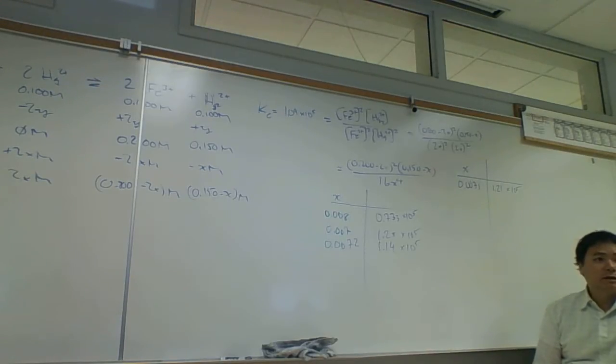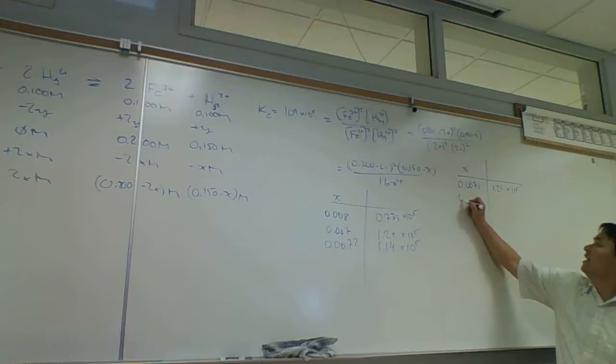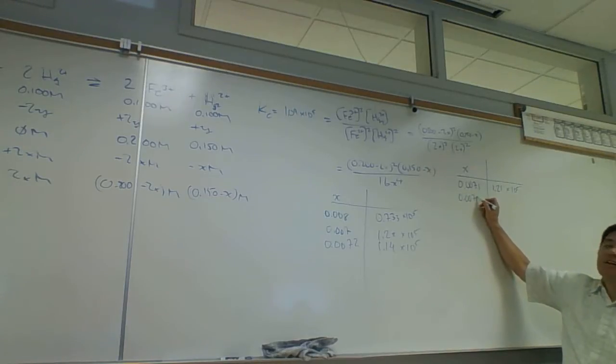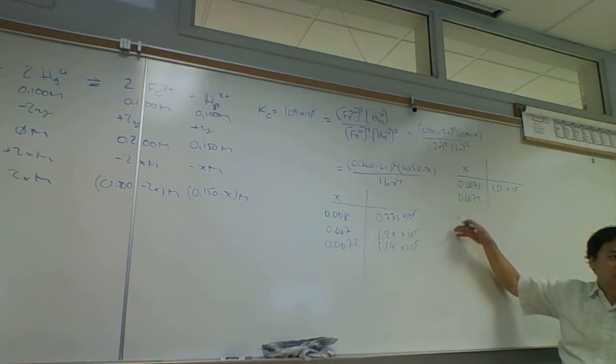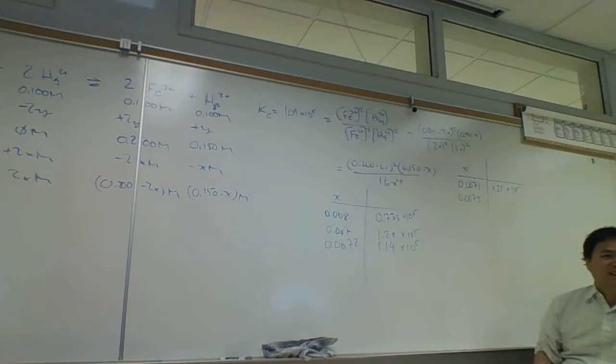Bigger, to 0.0073. But it's no big deal. Eventually you'll get the right answer. It doesn't matter if you take 30 guesses or 40 guesses. The thing to do is not to give up, and just persevere through it.